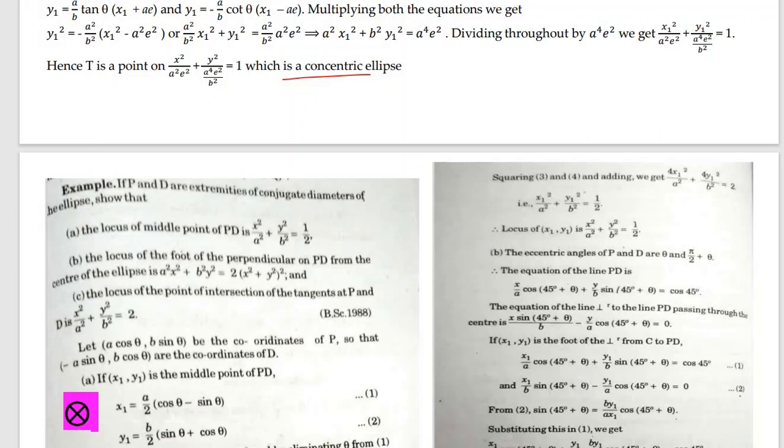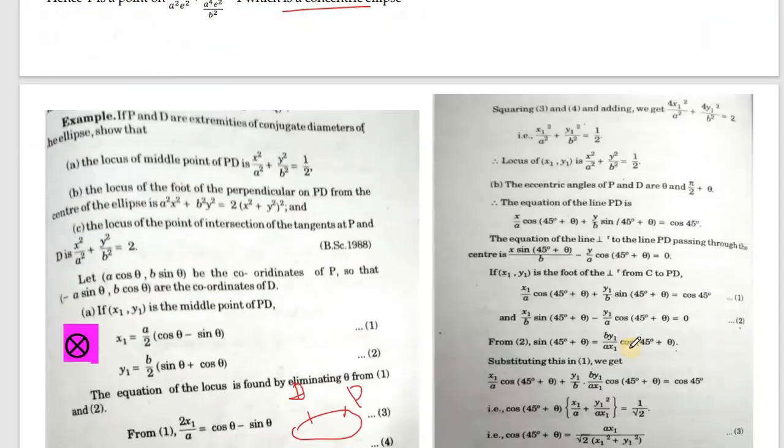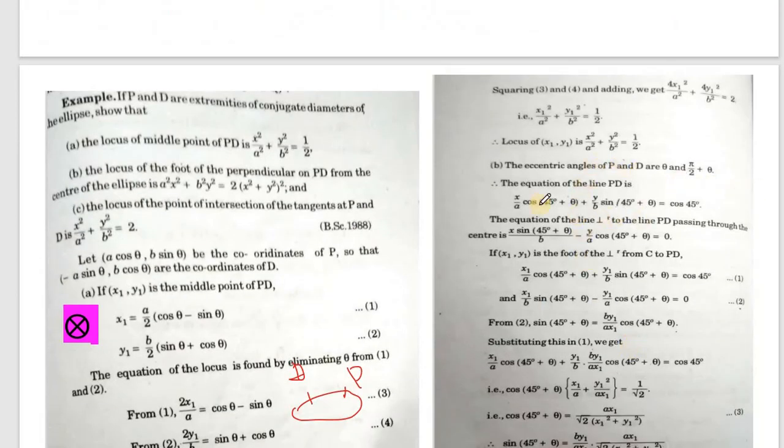The second one, the locus of feet of the perpendiculars on PD from the center of the ellipse. The locus of the foot of perpendicular on PD from the center, it is something, right? So how is it done? The eccentric angles of P and D, the equation of the line joining them.